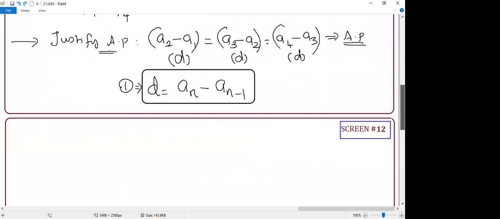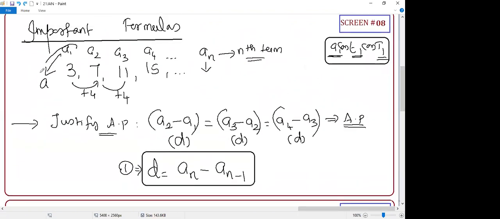Clear, sir. Guys, the special letter for the first term is A. What is the special letter for the last term? Anyone can tell me? An, right, sir? No, it's actually L. Last term is L. But please remember, A1 is always A, but L is not always A4.